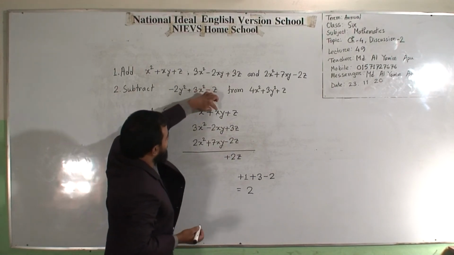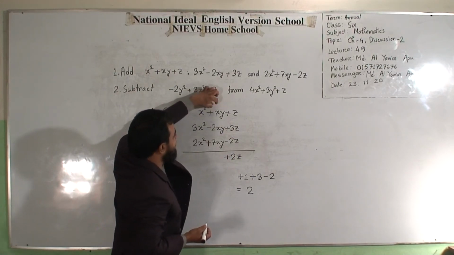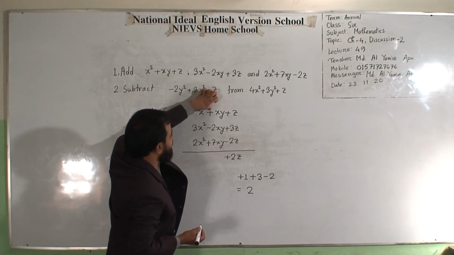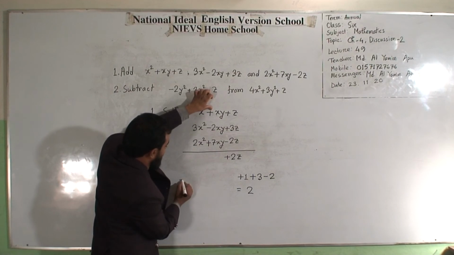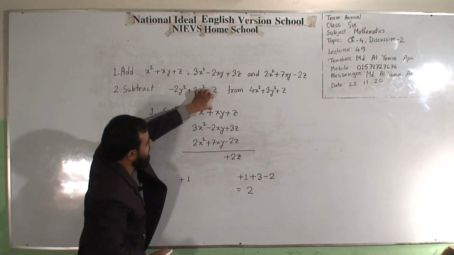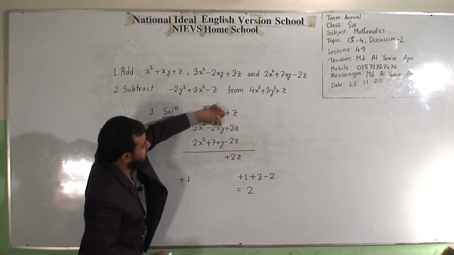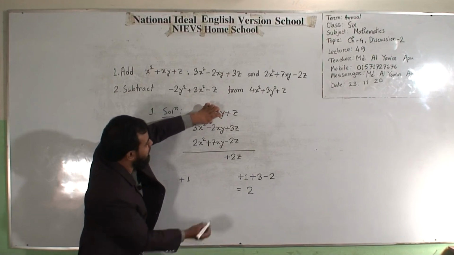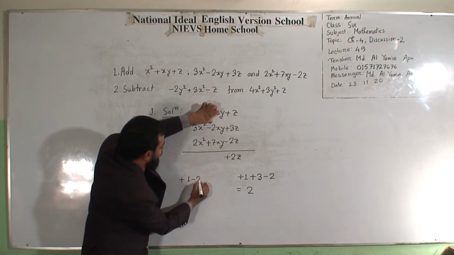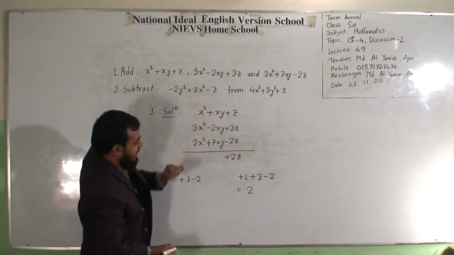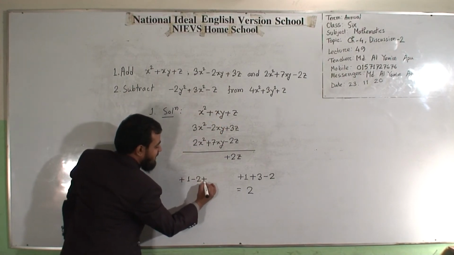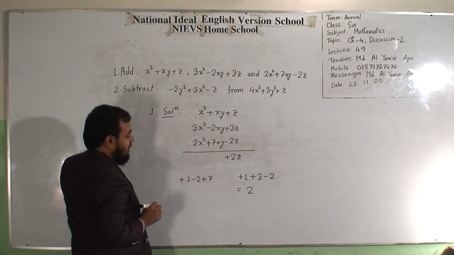Next, this xy has the coefficient plus 1. That is why our first numeral will be plus 1. Then the second xy has minus 2 as coefficient. That is why minus 2 will be our second numeral. Now the third xy has plus 7 as coefficient. That is why plus 7 will be our third numeral.